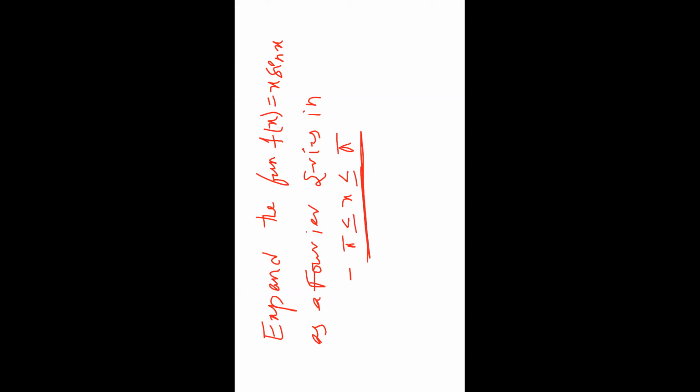So this notation is minus pi less than or equal to x less than or equal to pi. The x is in between minus pi to pi, or sometimes written in parentheses as minus pi comma pi. Both are the same. The range of x is starting from minus pi to pi, like this one, or the other form is the open brackets minus pi comma pi.